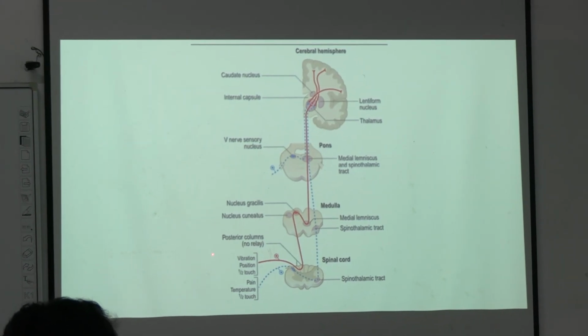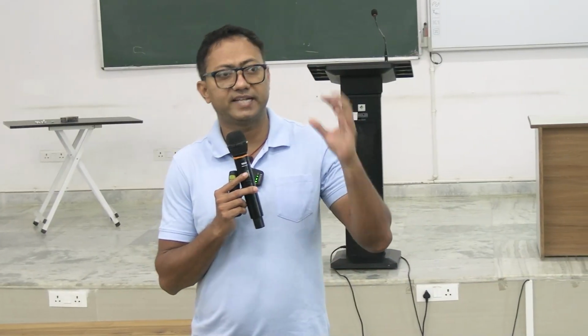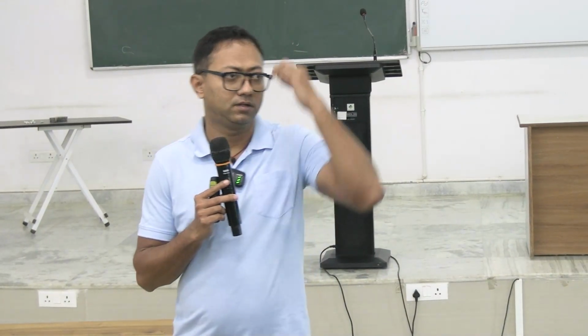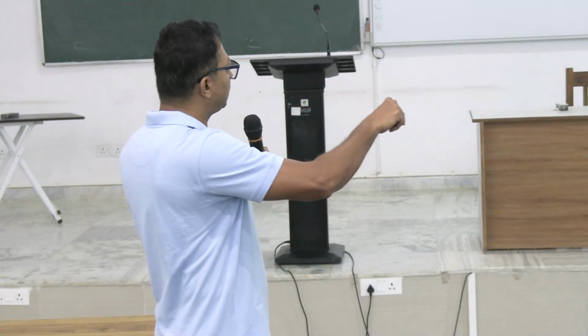So the first order neuron enters the spinal cord through the dorsal root, because the rule is same in neurology that any sensation will enter spinal cord through dorsal root. যত সেন্সেশন সেগুলো স্পাইনাল কর্ডের পেছন দিয়ে এন্টার করবে, রাইট? ওকে, লাইক পেন সেন্সেশন, লাইক টাচ সেন্সেশন, vibration, any sensation, it will enter spinal cord through the dorsal root. Okay, so now this dorsal column first order neuron will enter spinal cord through the dorsal root.